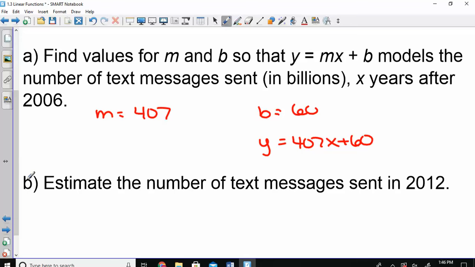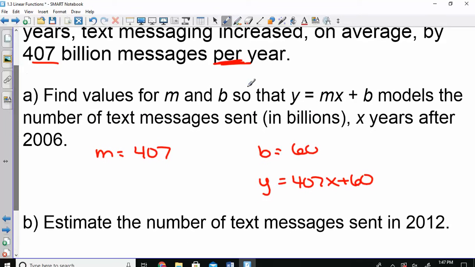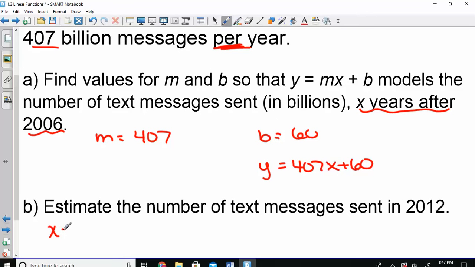Part B. Estimate the number of text messages sent in 2012. Okay. So in this, it said x was years after 2006. So what would my x be in 2012?